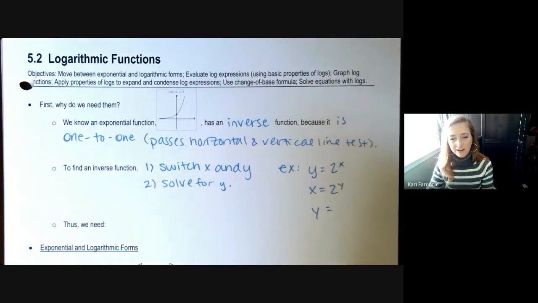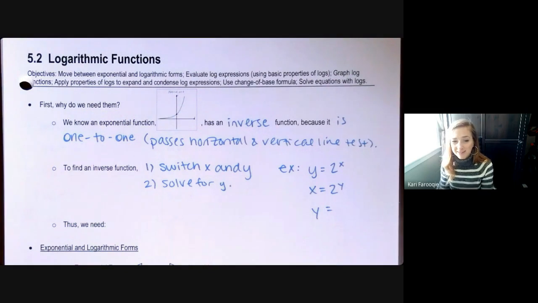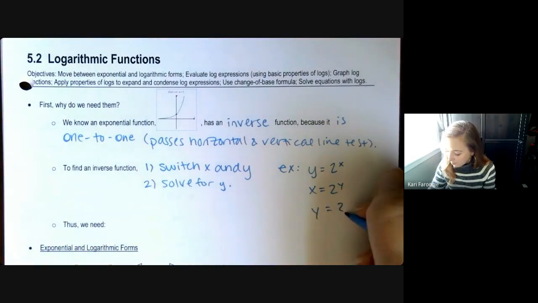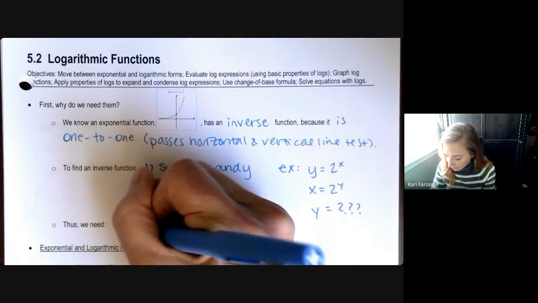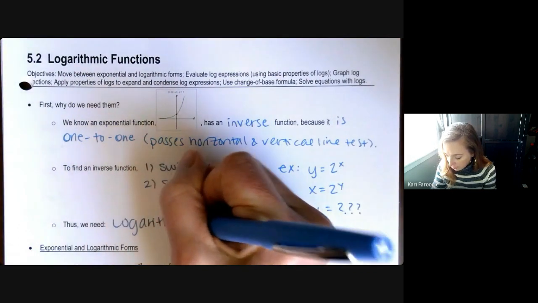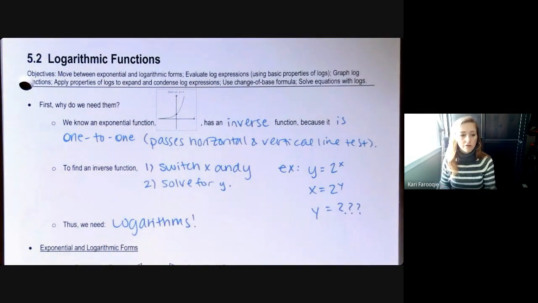Then you'd be like, wait, how do I do this? How do you do this? You need logarithms. We need logarithms. Did not know you needed them in your life until today, or when you first learned about them in college algebra, but we don't have to get into that.